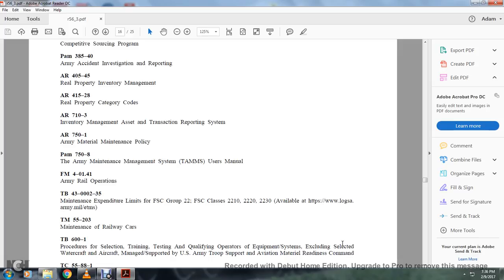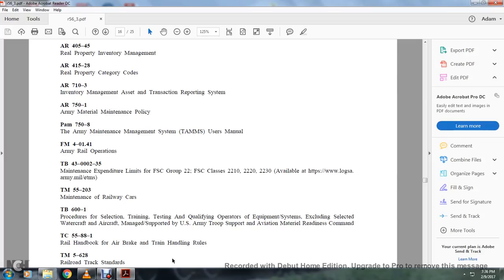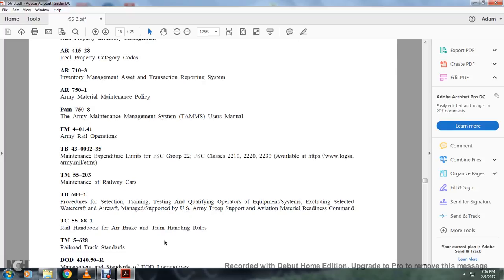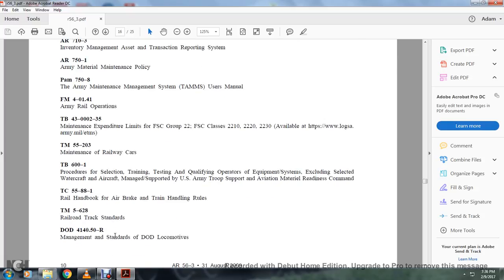Equipment Safety System. TC 55-88-1, Railway Handbook for the Air Brake and Army Training Hand Rules. Technical Manual 56328, Railway Track Standards. Department of Defense 4140-50R, Management Standards.